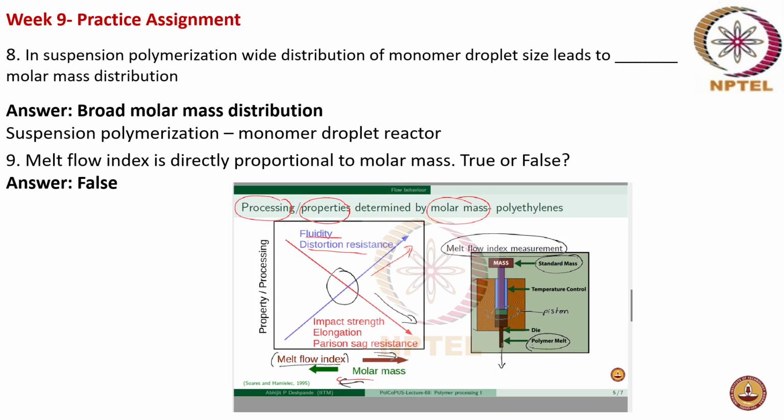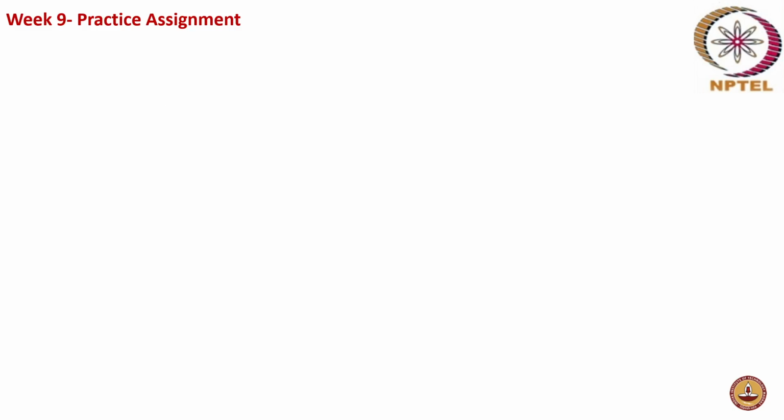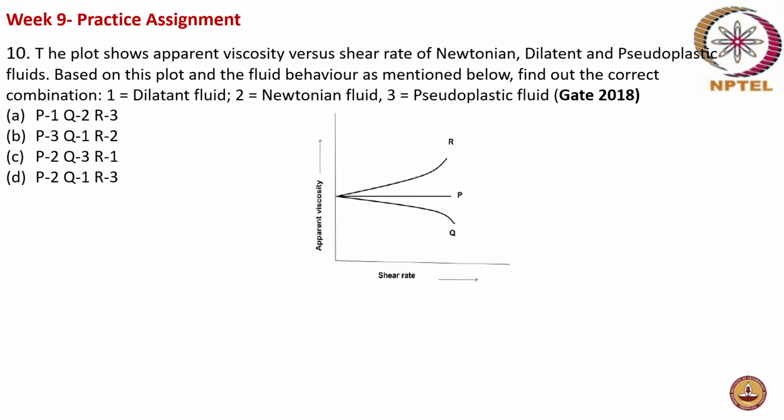So obviously, when there is more viscosity, the flow will be less. Correct? Now I got it. The rate of flow will be decreased. Okay. Now next question.